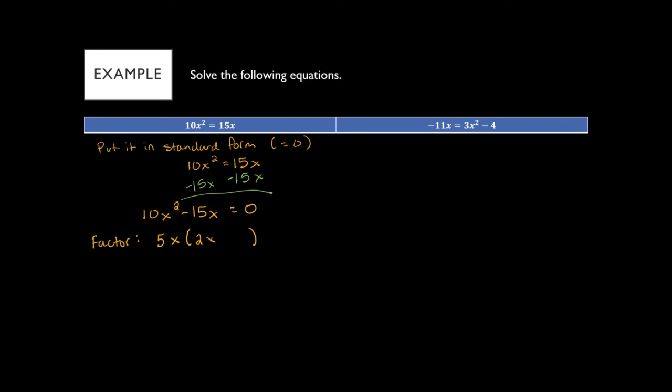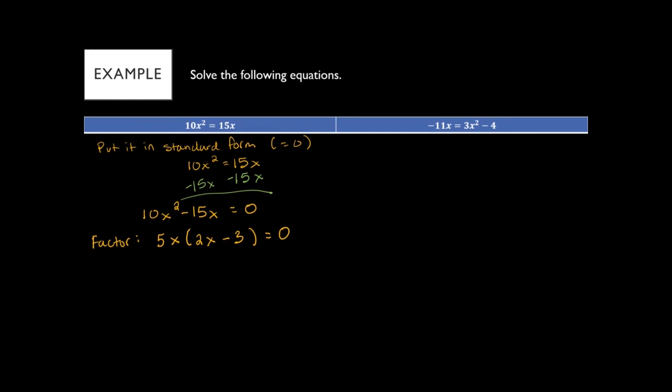And I removed an x. So instead of x squared, I have x. Then negative 15 divided by 5 is negative 3, and I removed an x, so I don't have an x left there. So I have factored out the greatest common factor, and this gives us 5x times 2x minus 3 equal to 0.